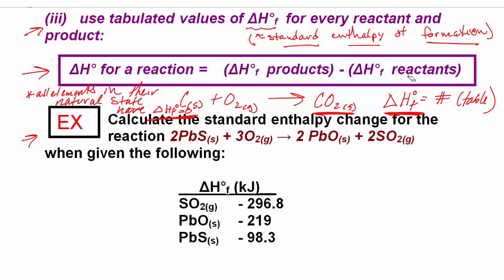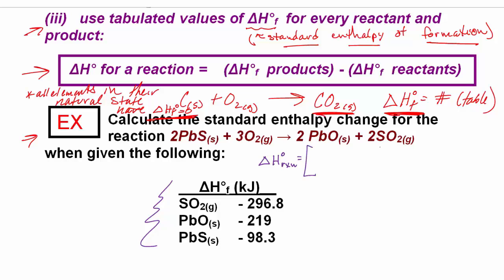So let's try this. Calculate the standard enthalpy change for the reaction: 2 moles of lead sulfide combines with 3 moles of oxygen to form 2 moles of lead oxide and 2 moles of sulfur dioxide, when given the following. So we don't have that whole big table. We just have the numbers that we need. So we apply that expression, the standard enthalpy of any reaction.